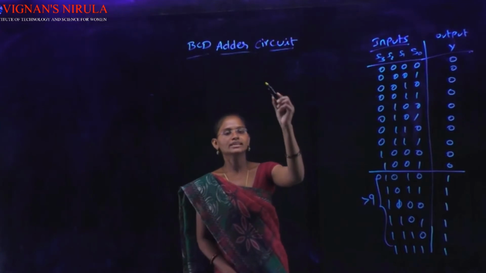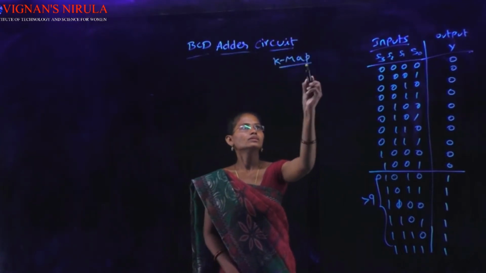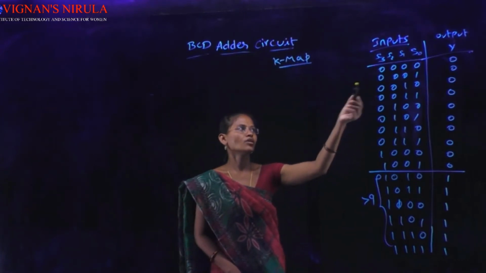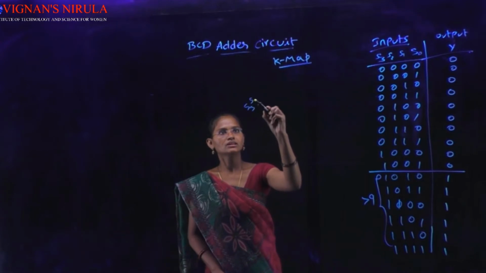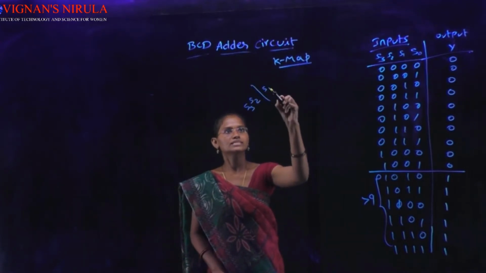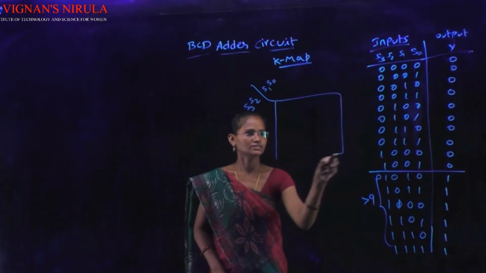Next we draw the K map. Here we are taking 4 input variables, that is S3, S2, S1, S0.